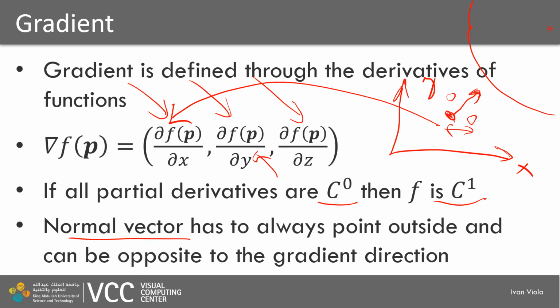Keep in mind that sometimes, based on the definition, we will need the opposite direction of the vector to the gradient direction. And of course, we will need to normalize the gradient in order to create a normal vector suitable for the illumination calculation.